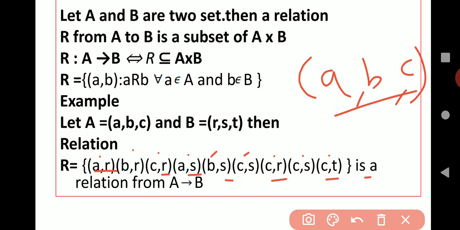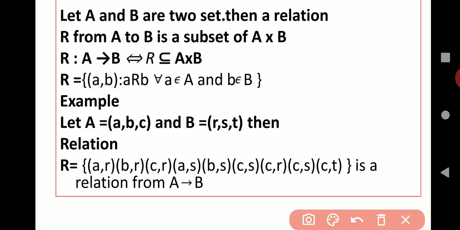And the range is the second component of the pair, that is r, r, r, again s, s, s, r, s, t.